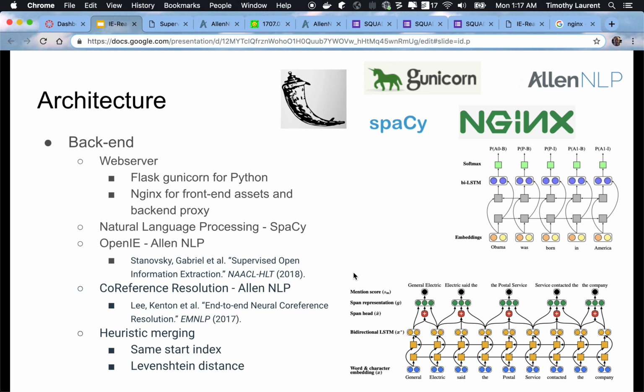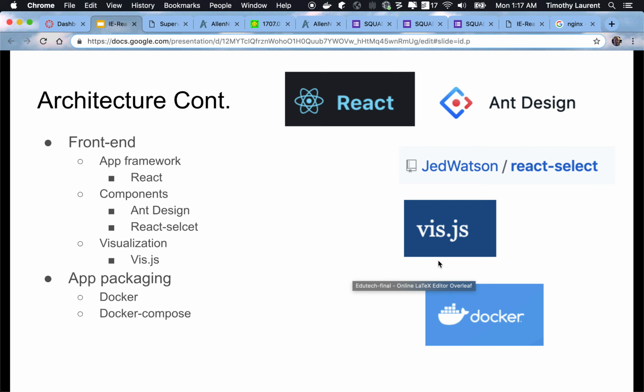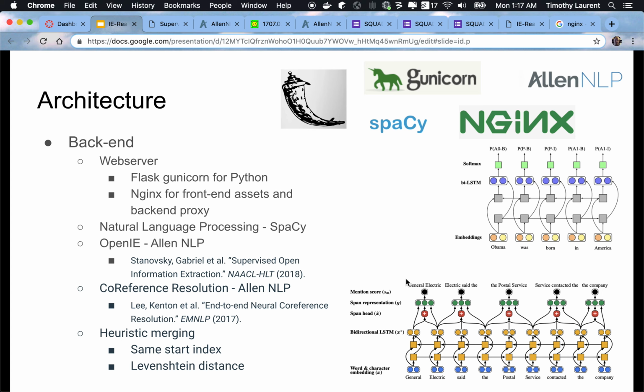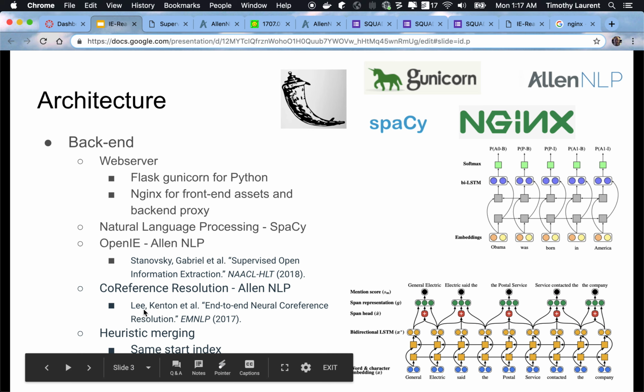The coreference resolution model was also a model from the AllenNLP suite. It was from a study by Lee, Kenton et al., end-to-end neural coreference resolution.